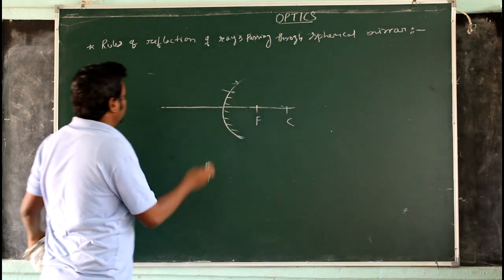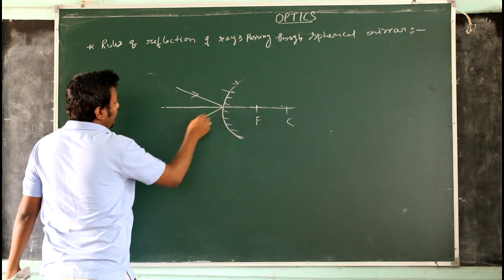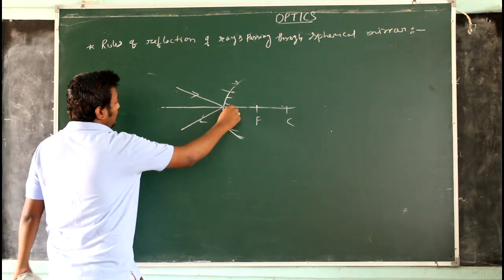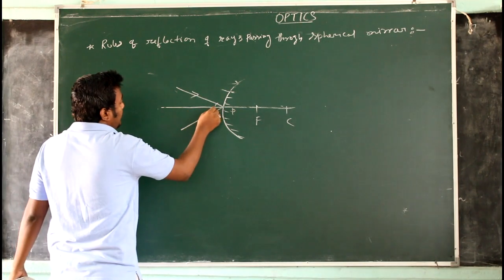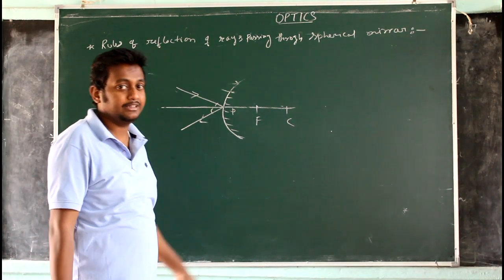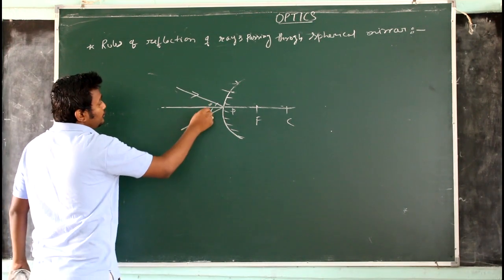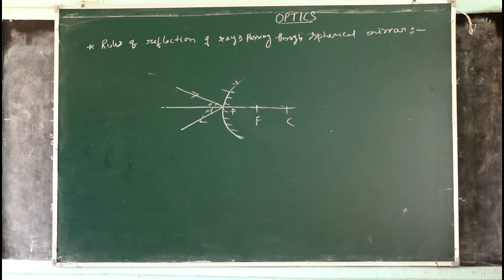As I already told you for the concave mirror, the ray incident on the pole or any other surface will reflect back by obeying the laws of reflection. That means the angle of incidence equals the angle of reflection.